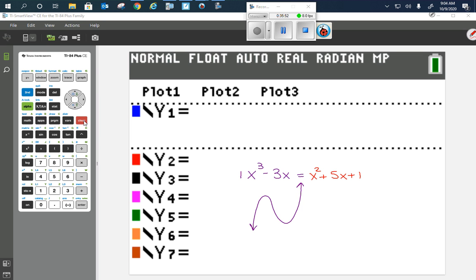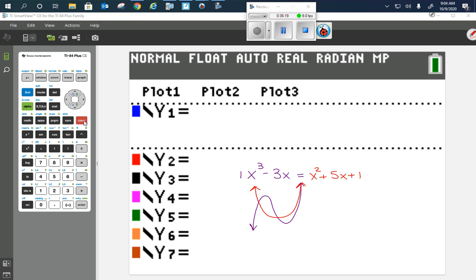What does a quadratic look like? Parabola, okay. So if I just draw a random parabola here, it doesn't necessarily mean it's for this one. Well, I notice if I want to see where they are equal, what does that mean on the graph?